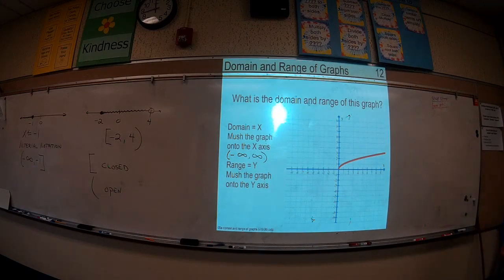Let's start with the domain of this one. Smear it onto the x. They're both super close. See if you fix it. It's right around there. It's right near there.